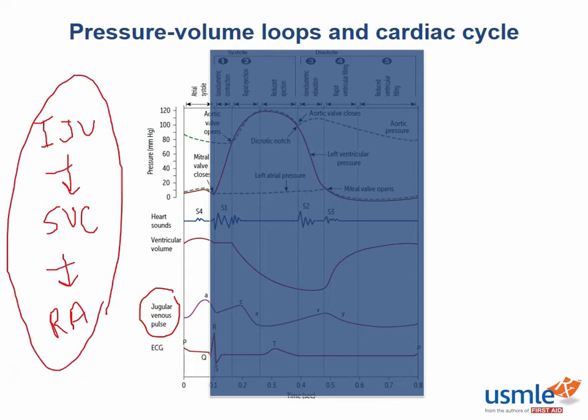So in many ways, we can see this as one continuous system. So anytime there is increase in pressure in the right atrium, it would be reflected as increased pressure in the internal jugular vein. So when we talk about the A wave, atrial contraction in the atrium of the heart results in an increase in pressure in the jugular vein.